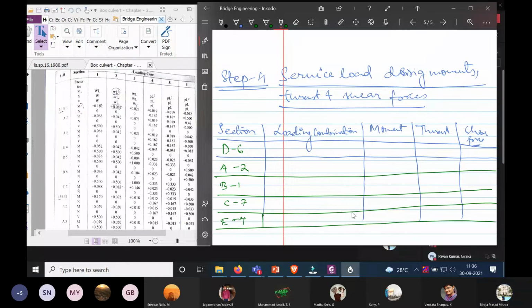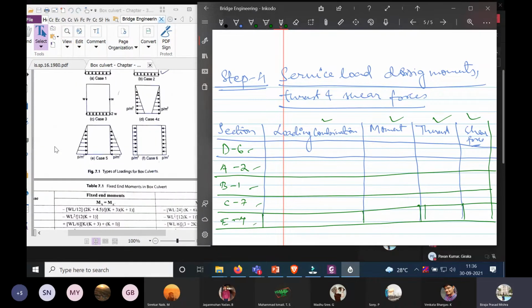Okay, for these sections we need to find out the different loading conditions, or we will find out the moments, thrust and shear forces based on the different loading conditions. Now let us recall what these sections D6, A2, B1, C7 and E4 are. Those are the critical sections.